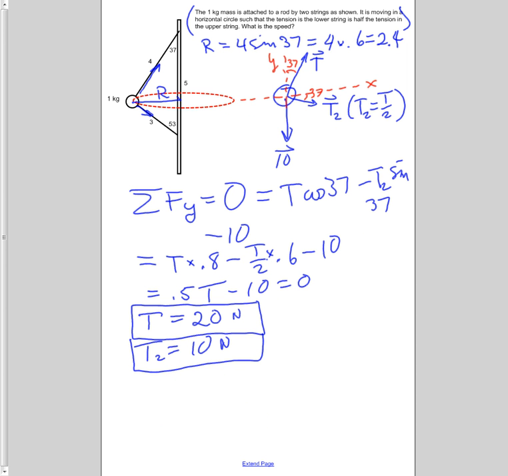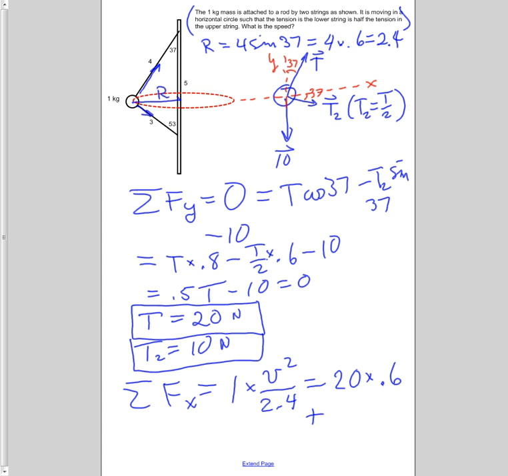Okay, so now the sum of the forces in the x direction is not equal to 0, but is equal to m times v squared, v we don't know, divided by r, which we figured out above, which is 2.4. That has to be equal to, all right, let's look at the picture up here, and we see that we've got the x component of T, which is 20 times the sine of 37, 0.6.